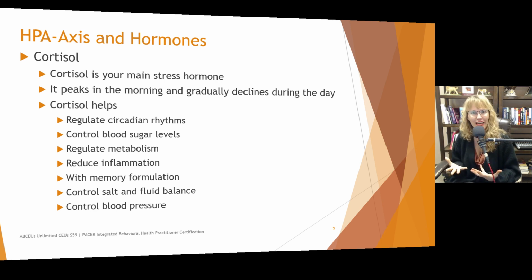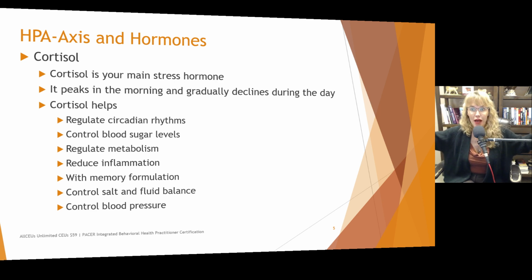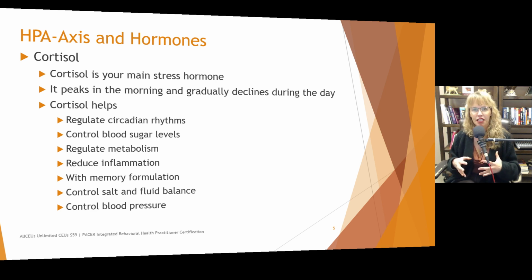But memory formation is another one of those interesting things that gets impaired when cortisol is impaired, when people don't have enough cortisol or have too much. Either end of the spectrum's bad. But it also helps regulate your circadian rhythms. And there is going to be another video that you'll watch on cortisol itself, so I'm not going to go deep into the details.